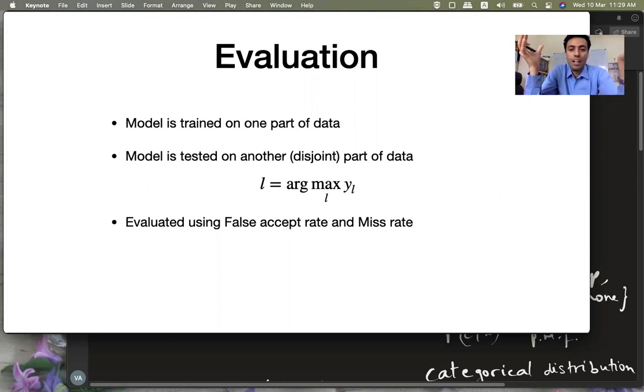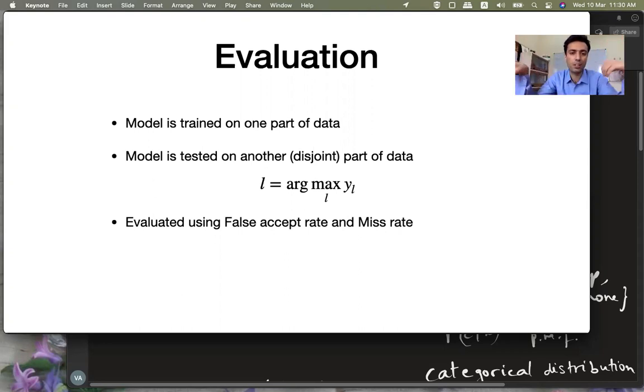Now, let us say I want my model to work only for Jayant. I'm not worried about others because others are not going to use my model. I'm preparing a model only for Jayant. Then what will I do? Let's say I have 100 recordings of Jayant.